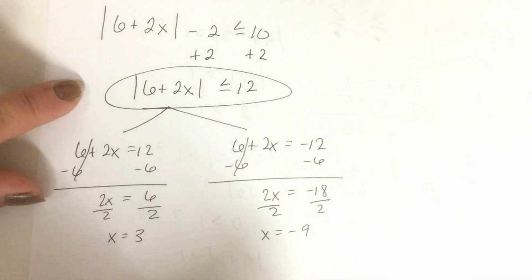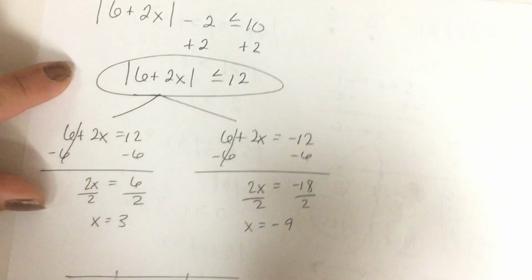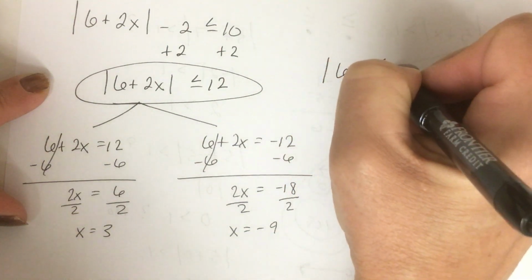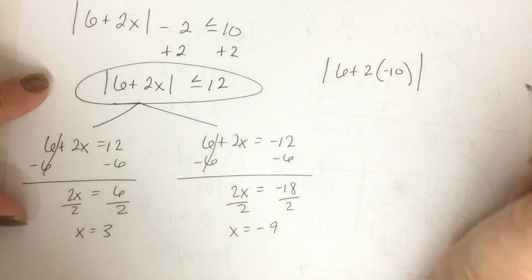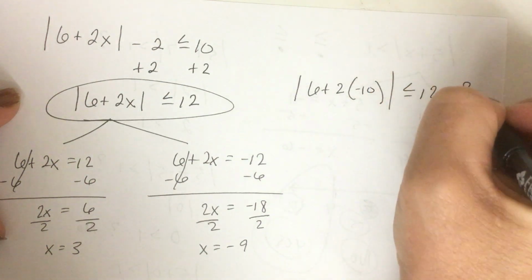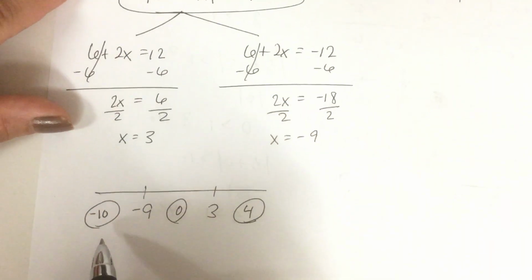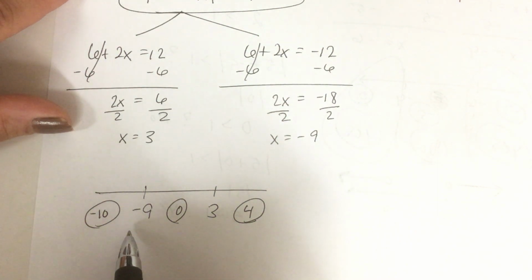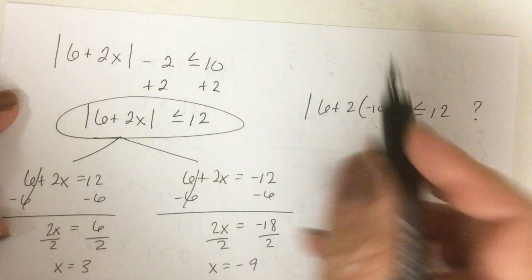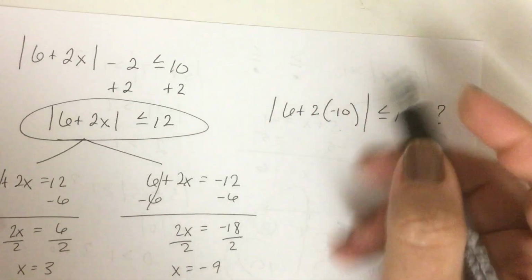So I'm going to take negative 10 and plug it in for x, okay? So I've got absolute value of 6 plus 2, parentheses, negative 10, and I want to know if that's less than or equal to 12. So again, I'm picking negative 10 because it's some number that's smaller than negative 9. I'm putting it in place of x. 2x means multiply, so I'm writing it like multiply.